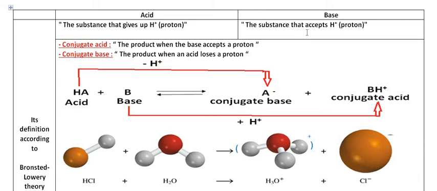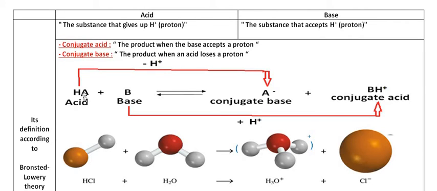Not necessarily in water, and no hydroxide ion here as it was in the Arrhenius theory. Gives H plus, an acid; accepts H plus, a base. For example, here HA is an acid. Why? Because it lost H plus.